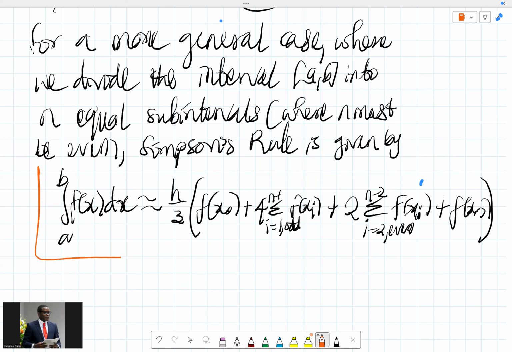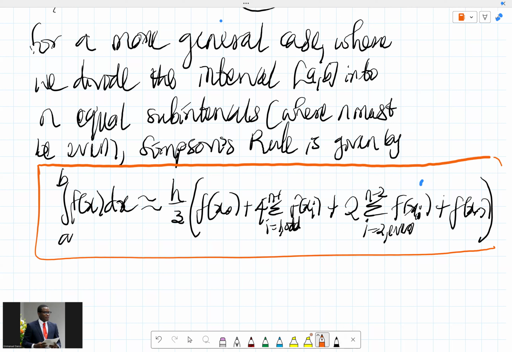This is the most appropriate expression we use if we divide into subintervals.